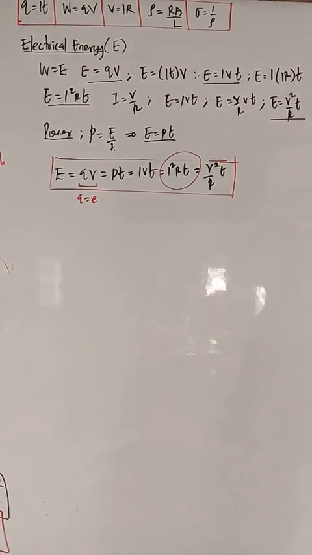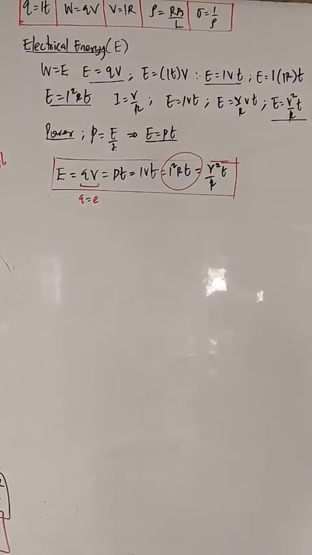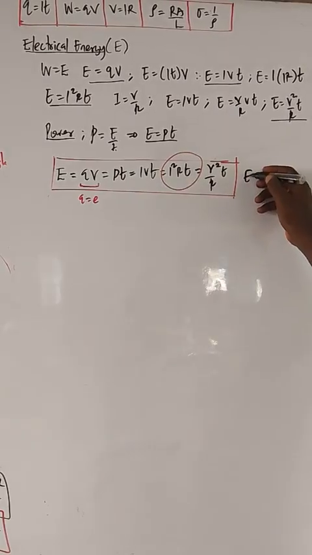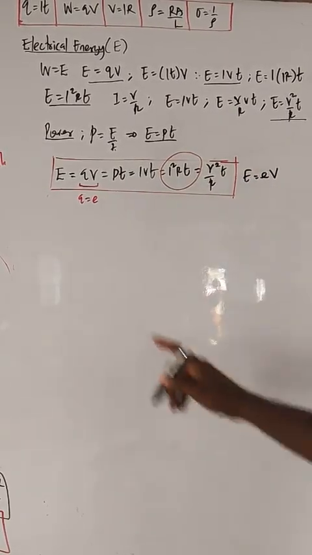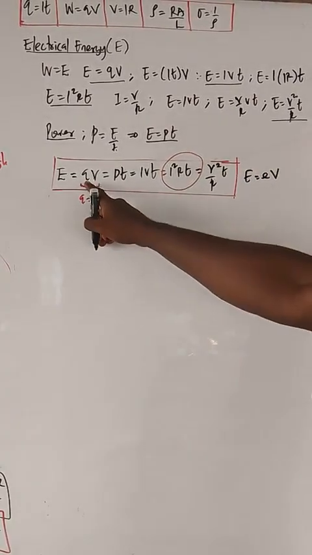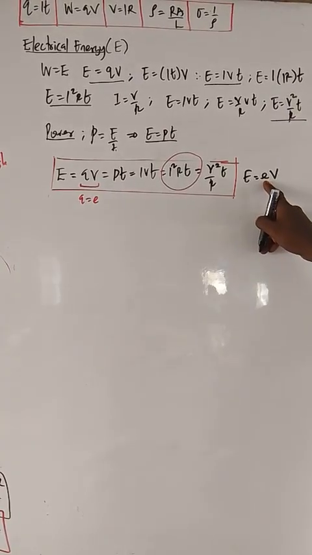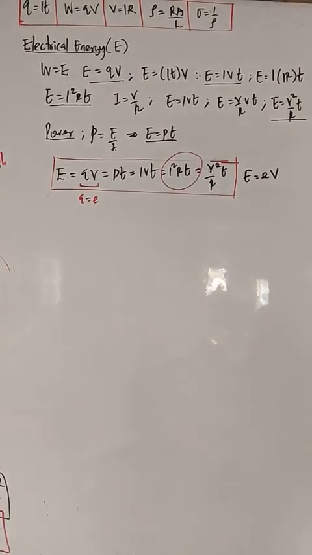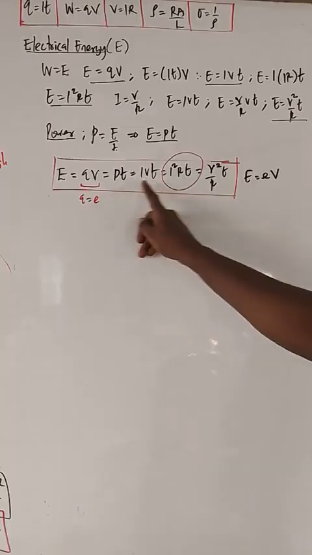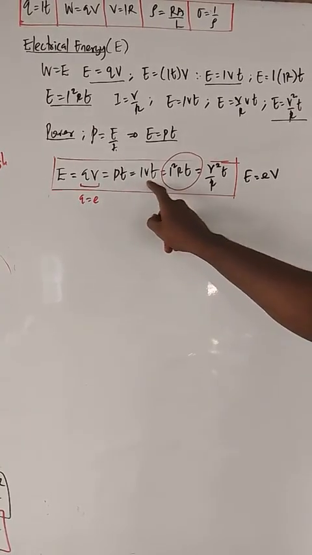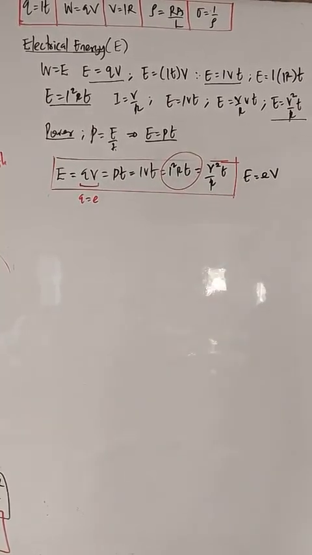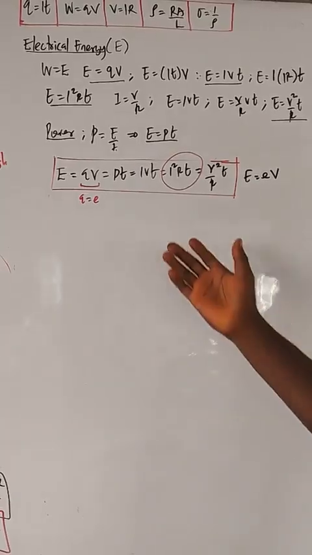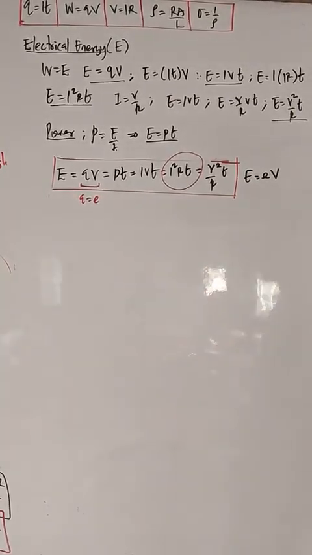Like I said, when we talk about charge, we are mainly dealing with electrons. So in that case, we'll be using energy as eV. So it's from this QV. But these are the ones you use most times, especially these three: IVT, I squared RT, V squared over RT. The formula you're going to use depends on what you are given and what you are looking for.